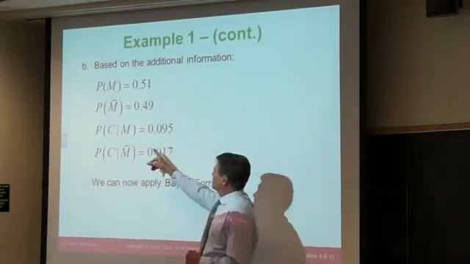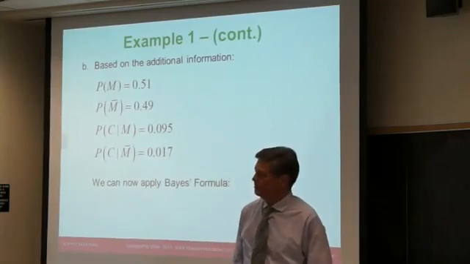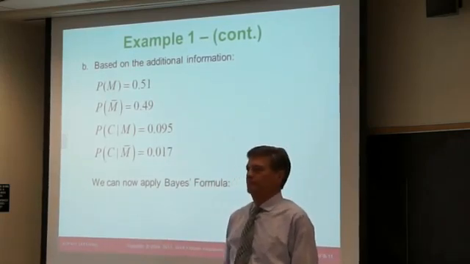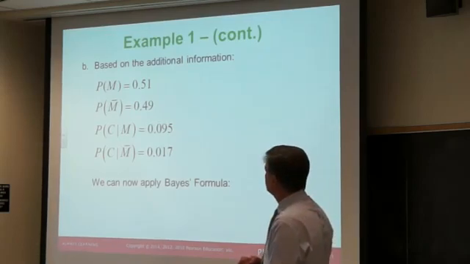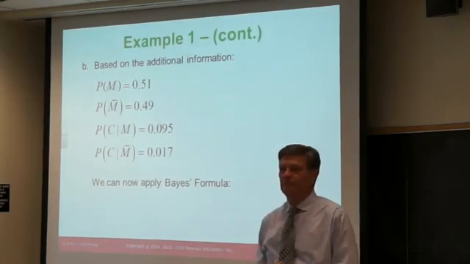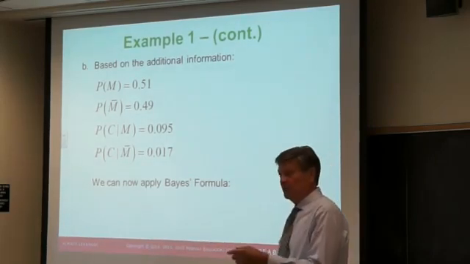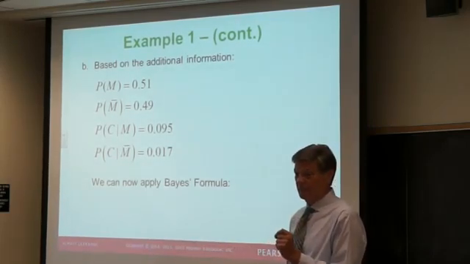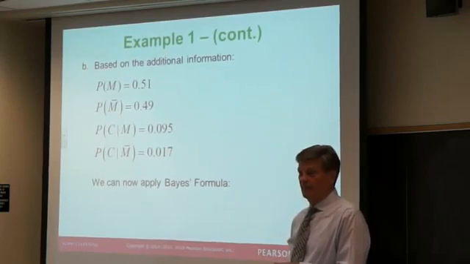Someone tell me in English what that probability means, P of C given M. The probability of event C happening after the event M. So translating to our C's and M's, it would be? The probability that the person is a cigar smoker after you found out that he was a man.